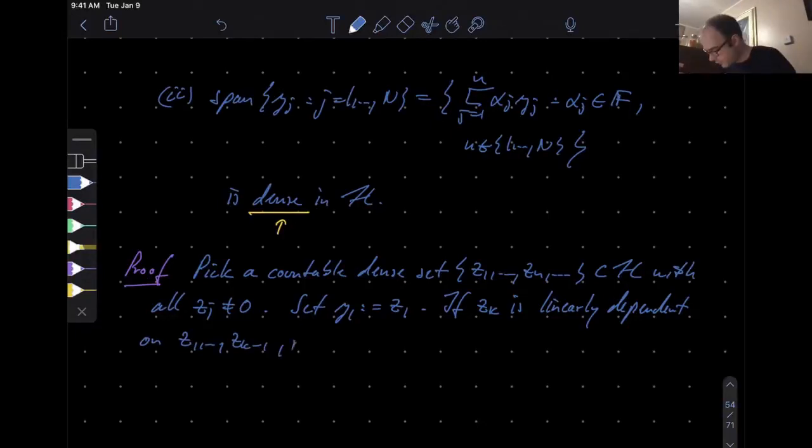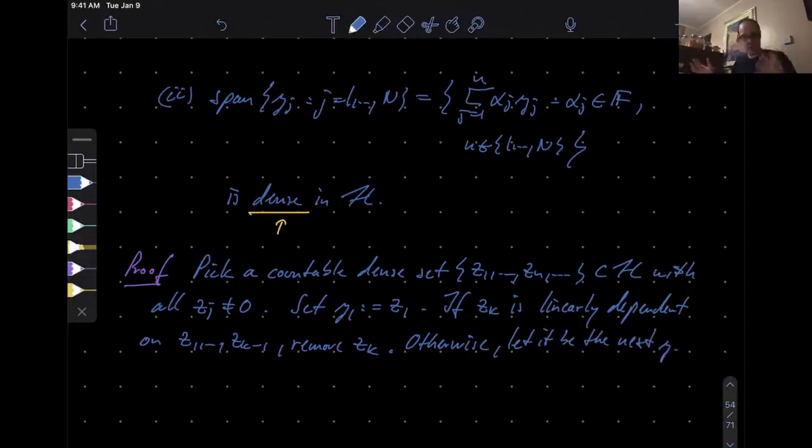Remove z_k. Otherwise, keep it and relabel it, so let it be the next y. And this procedure inductively works because you have only countably many vectors in your countable dense set. That's what it says from the get-go.